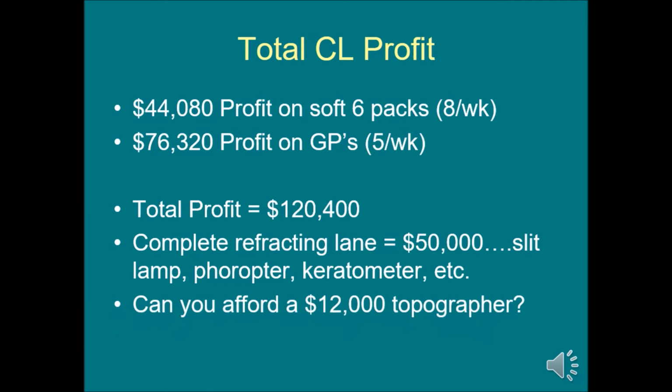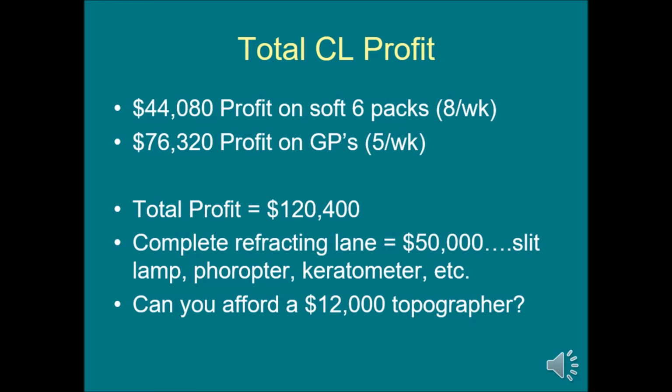Okay. Now, if you're going to go into specialty lens fitting, especially some of these more difficult fits, you might need a topographer. In fact, you will need a topographer. And it's about $12,000 for the average topographer. Okay. So now you've got $62,000 invested.